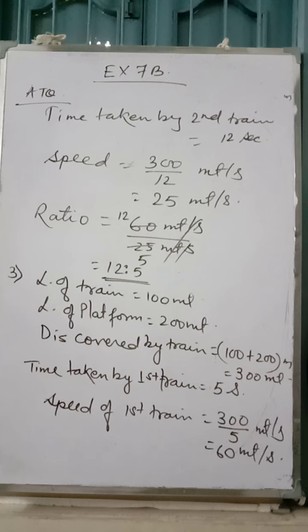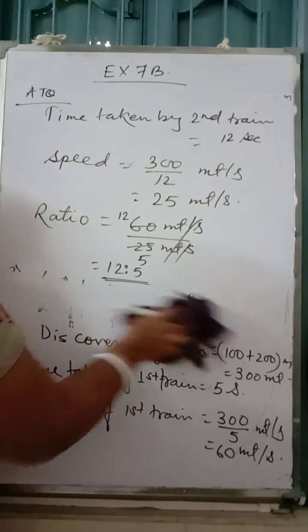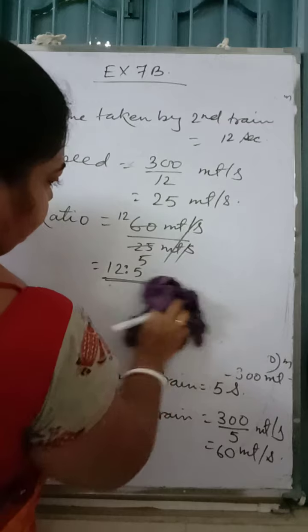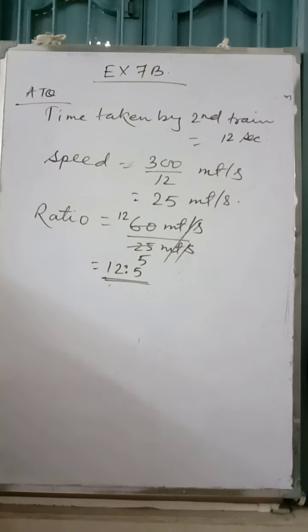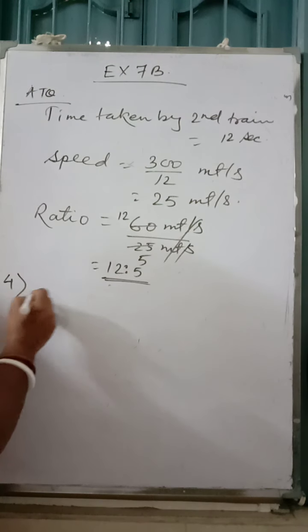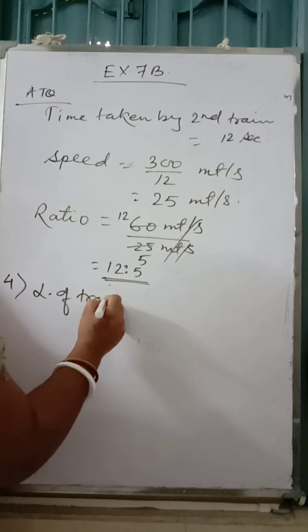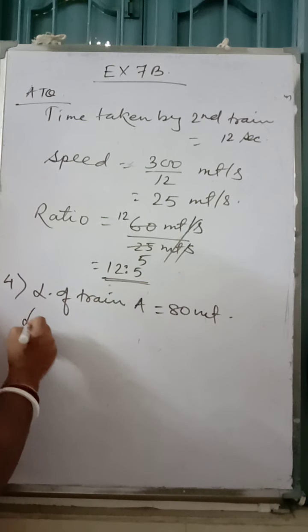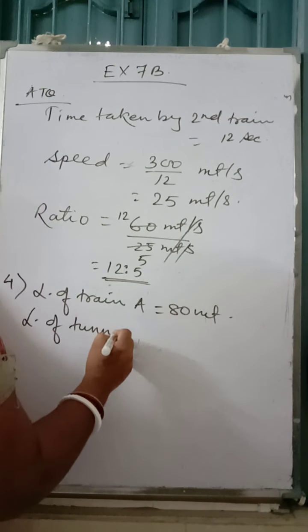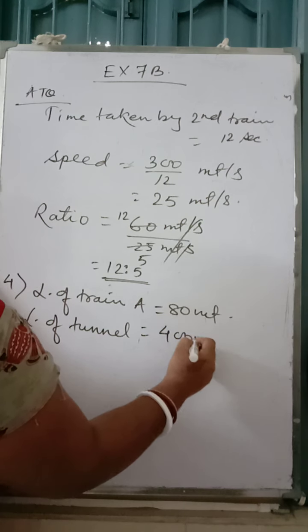Question number 4. Train A, 80 meter long, passes a 400 meter long tunnel in 12 seconds, while train B takes 15 seconds to cross the same tunnel. If both the trains are traveling at an equal speed, find the length of train B. Speed of train A: length of train A is 80 meter, length of tunnel is 400 meter.